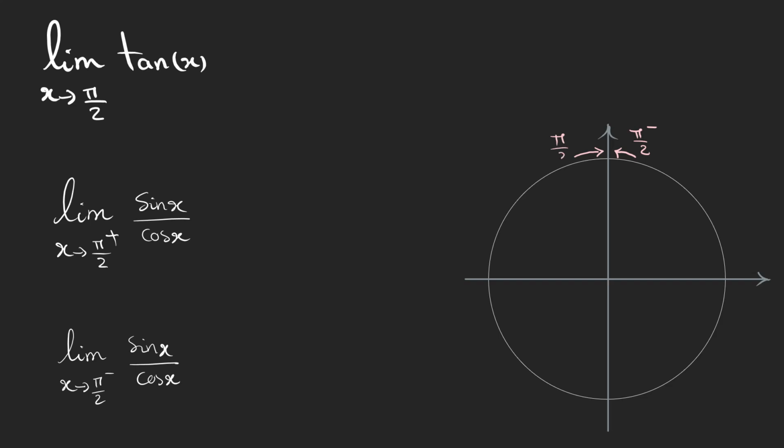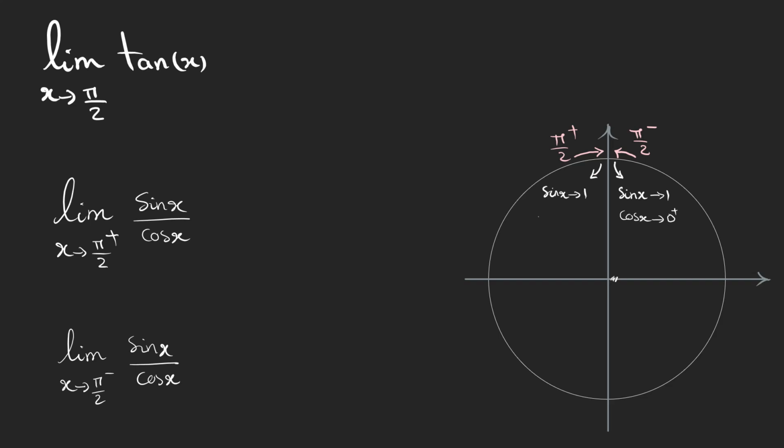Pi over 2 plus, on the other hand, means that we are talking about angles that are arbitrarily larger than 90 degrees. In terms of quarters, we are on the second quarter. In the first quarter, it's clear from the unit circle that sine of x is approaching 1 as x approaches pi over 2, and also cosine is getting closer to 0 by positive numbers.